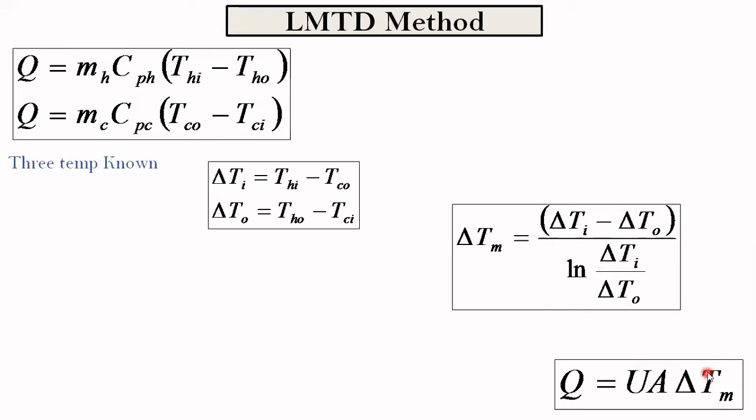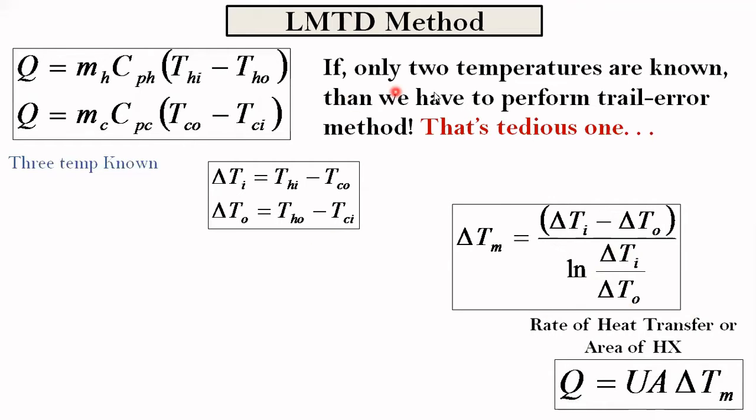From delta Tm, we can use the third equation of heat transfer, that is UA delta Tm. From this equation, we can find out the heat exchanger area. Or if the heat exchanger area is given to us, we can find out the rate of heat transfer. But if only two temperatures are known, then we have to perform a trial and error method.